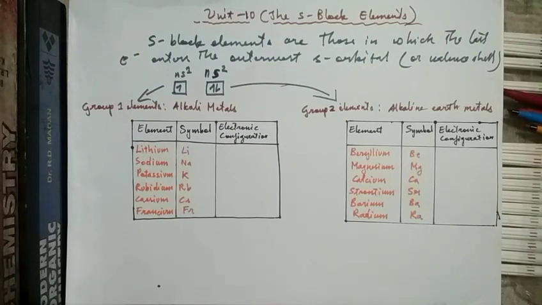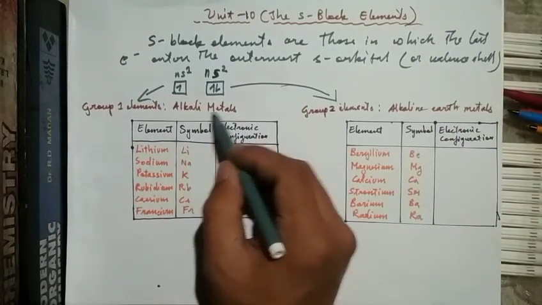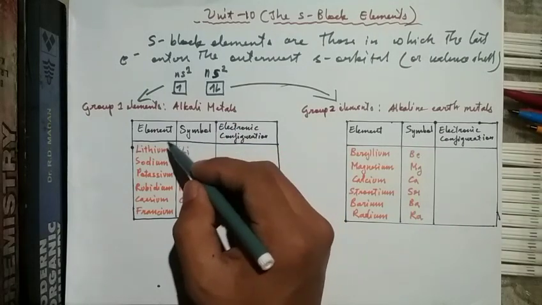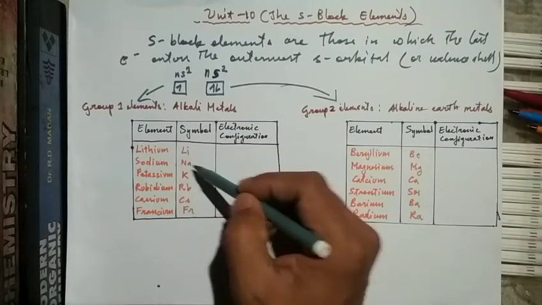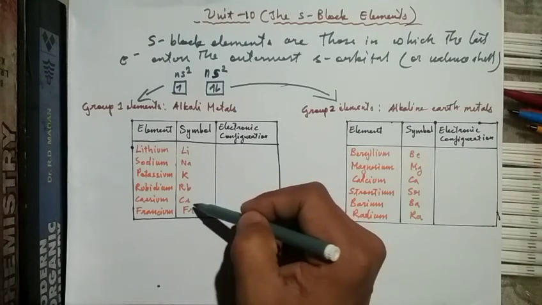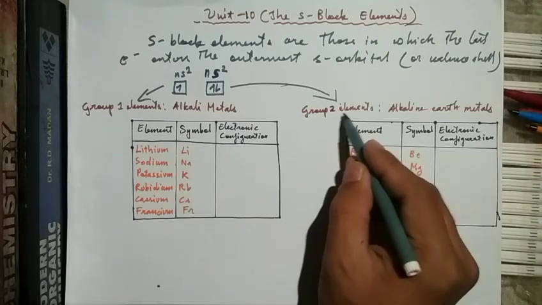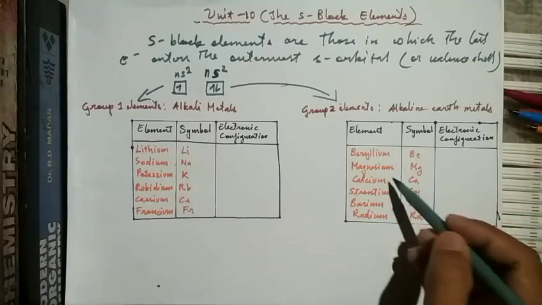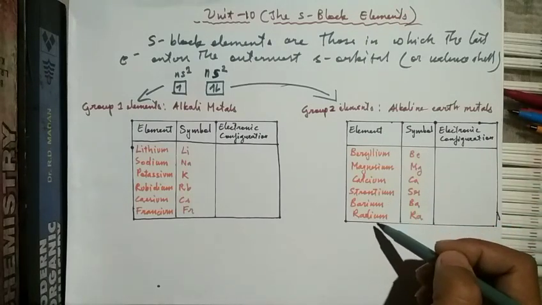Now we come back here. Group 1 elements consist of lithium, sodium, potassium, rubidium, cesium, francium. And group 2 elements consist of beryllium, magnesium, calcium, strontium, barium, and radium.